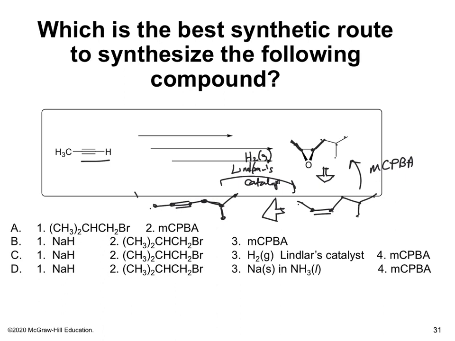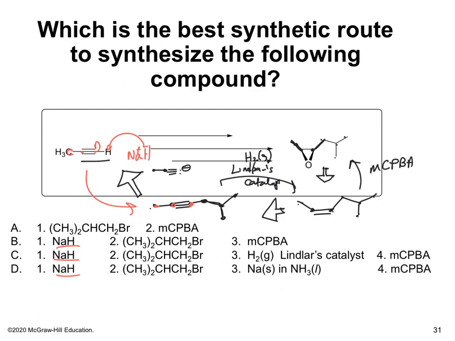And then how do you get here? Well, there's your 3 carbons. 1, 2, 3. To go there, you have to use sodium hydride, apparently, as the base of choice here. And then that generates your carbon anion.